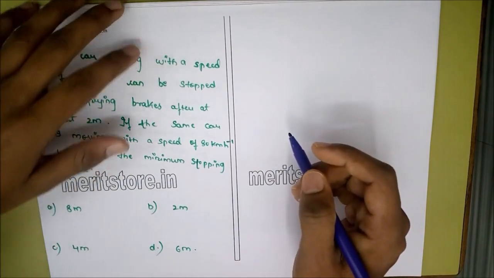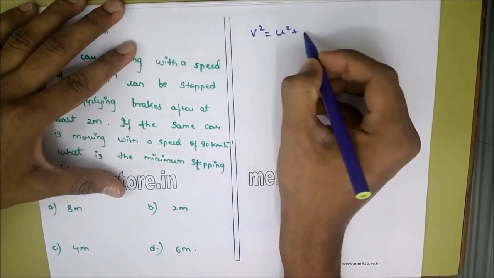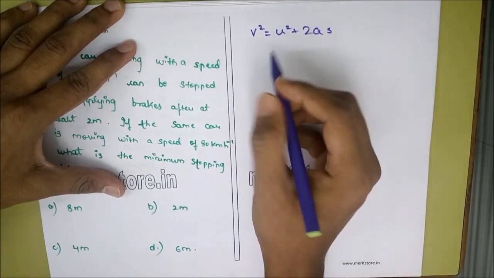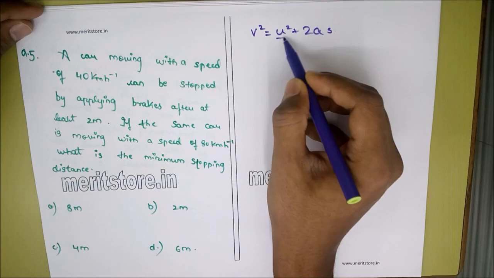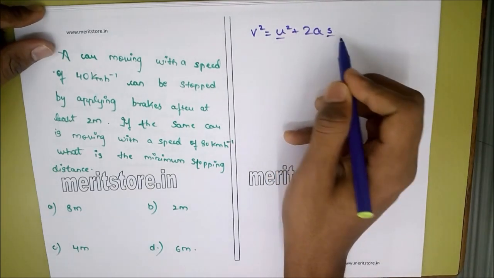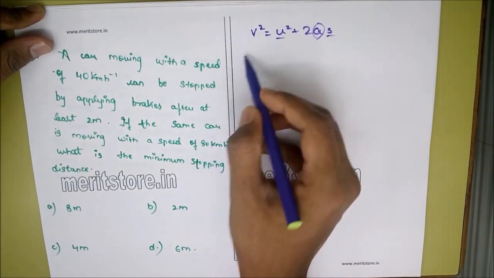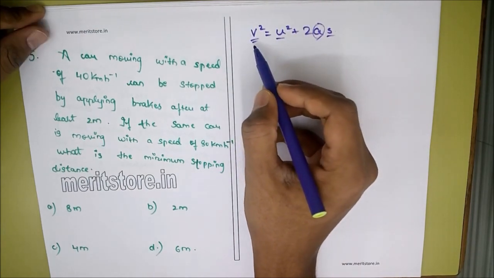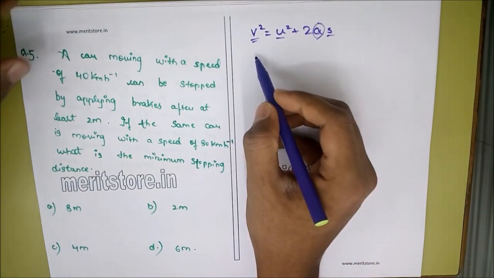In order to solve this, let us look at the kinematic equation v square equals u square plus 2as. Let us try to find out a relation between the initial speed and the stopping distance, since acceleration would be uniform and since the car is coming to a rest, the final velocity would be 0.